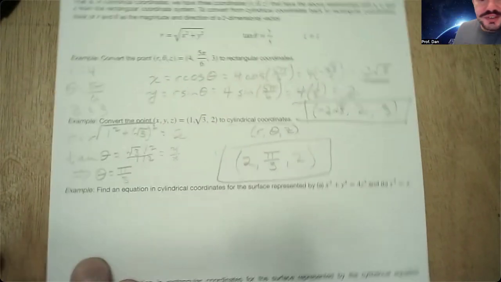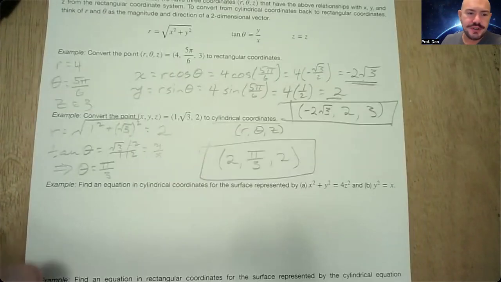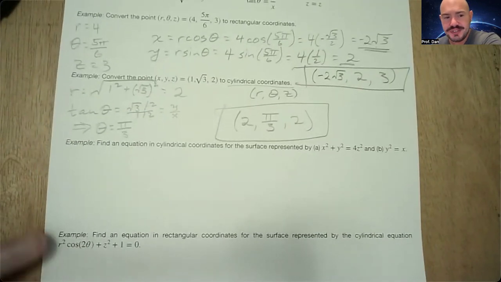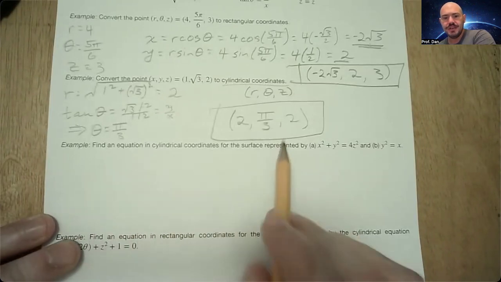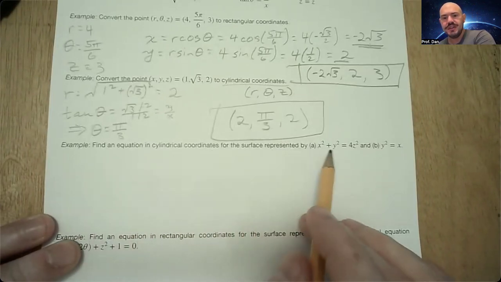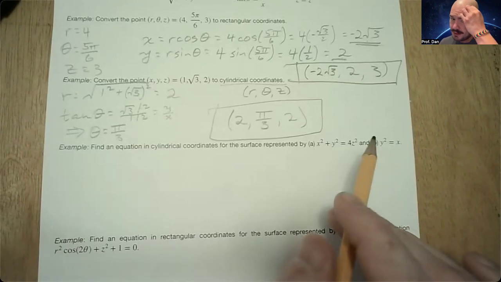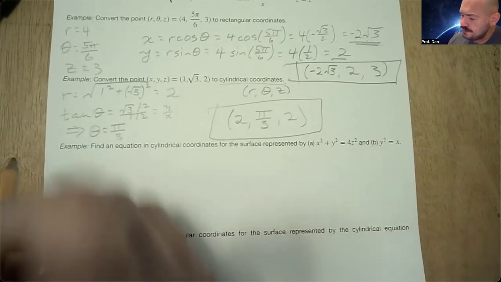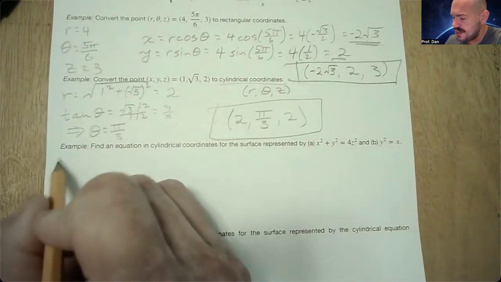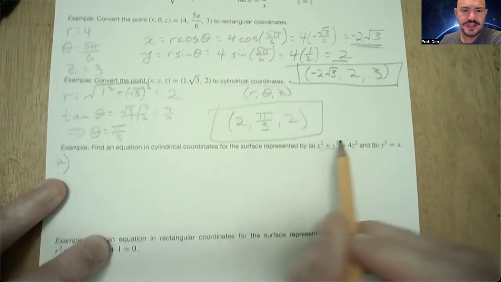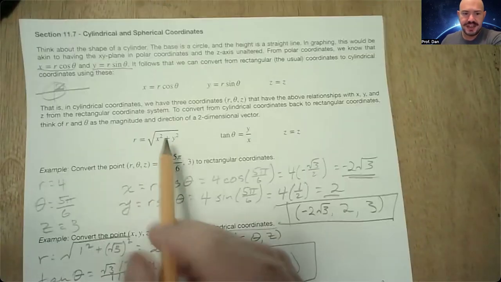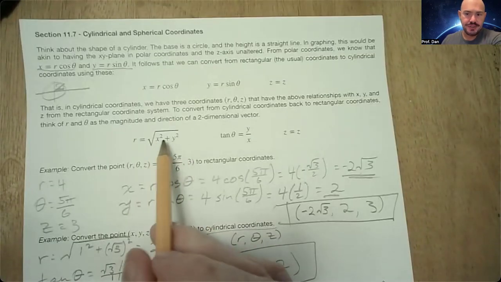Now, something that's definitely a lot more applicable to how we're going to use this later. Let's say we want to write an equation in cylindrical coordinates for surfaces represented by each of these. So first thing I notice, let's look at A. First thing I notice about equation A is the left-hand side is x squared plus y squared. If I go back to my definitions, that is what's underneath the square root here.